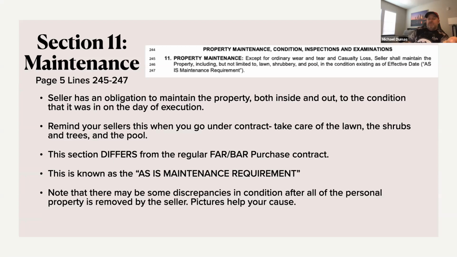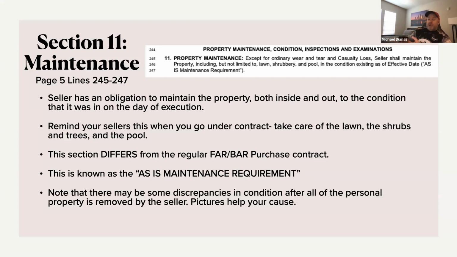There may be some discrepancies in the condition of a property after all of the personal property is removed by the seller. A good example of this is that the living room or the bedroom has carpet. There was a bed in the middle of the room. They pulled all the furniture out, and there's a big stain and a tear in the carpet where a dog or something had done it. How do you handle that? Not sure.